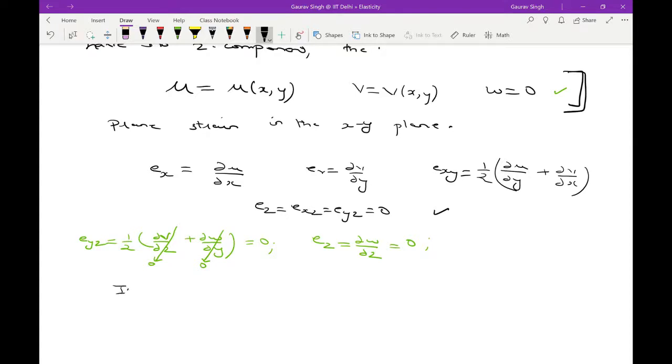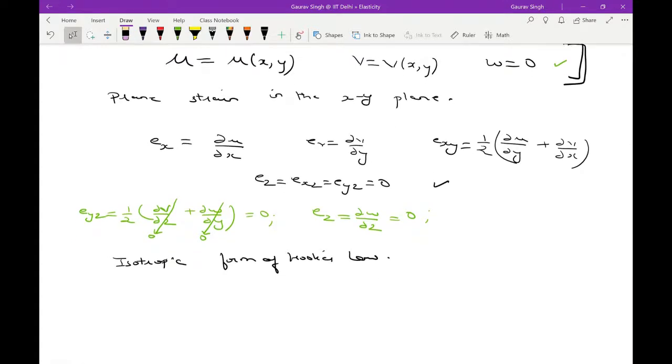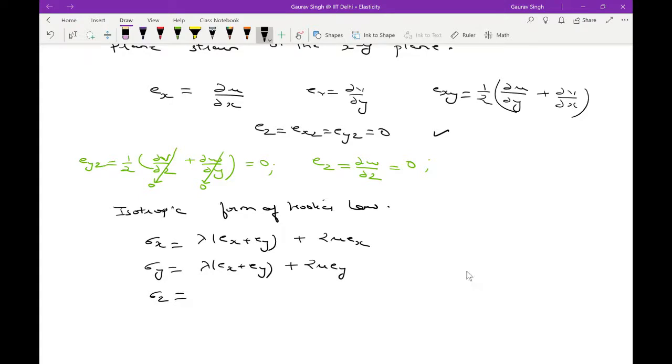So we want to use the isotropic form of Hooke's law for us to be able to write sigma x is equal to lambda (ex plus ey) plus 2 mu ex, sigma y is equal to lambda (ex plus ey) plus 2 mu ey, sigma z is equal to mu of (sigma x plus sigma y), tau xy.